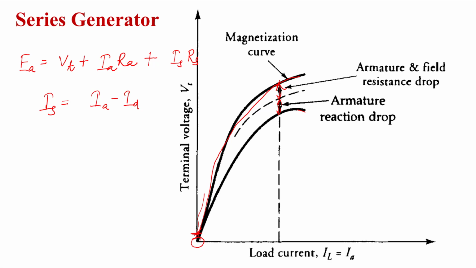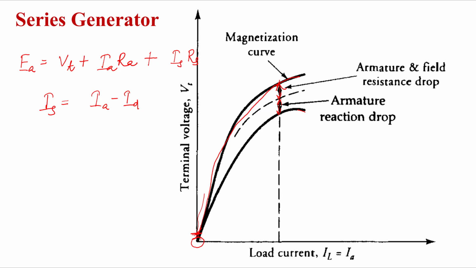So this is your characteristic, or you can say external characteristic, of the series generator, right? Generally, the question may arise in your mind: what is the application of this kind of generator? Is it really useful? Because in the beginning there is no voltage, we cannot use it, right? Unless the load is connected, it cannot have the voltage, right?